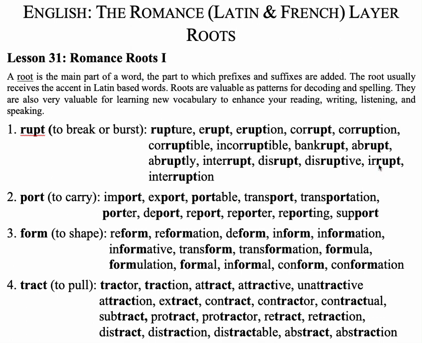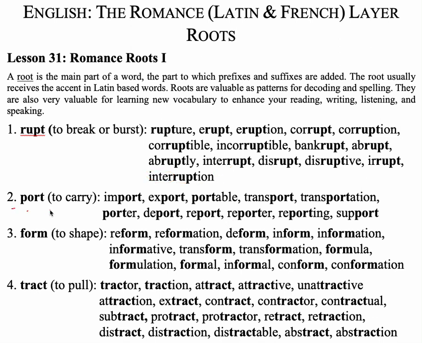So we have the euphonic changes, I like to call it, good change. So it sounds better. Erupt. Inrupt doesn't. And erupt is when somebody like breaks into your house. And then we have interruption. So we took interrupt up here and added tion to make it a noun, an interruption.